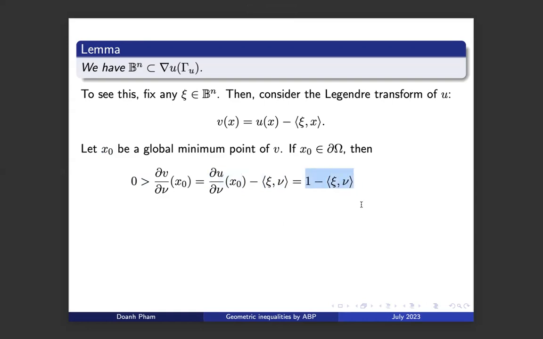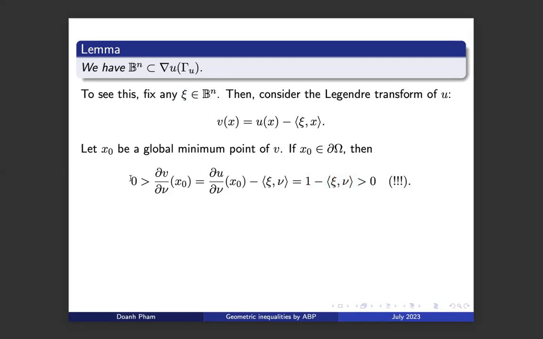So it is just 1 minus the inner product between psi and the normal vector. Because psi is in the unit ball and the normal is a unit vector, 1 minus the inner product between them has to be positive.